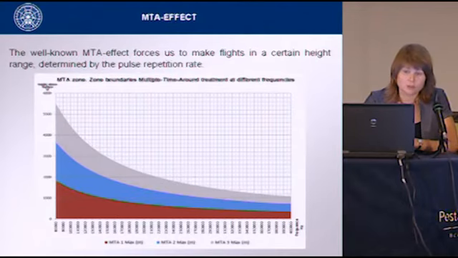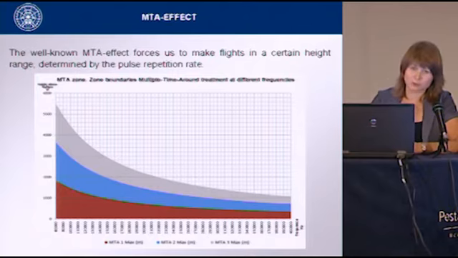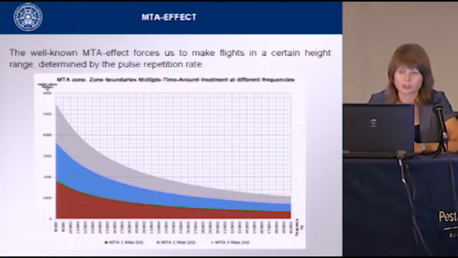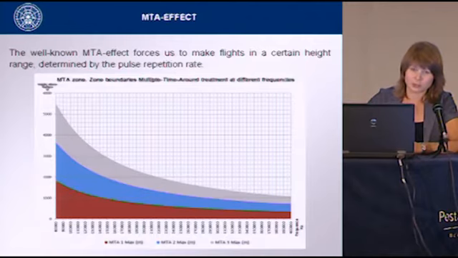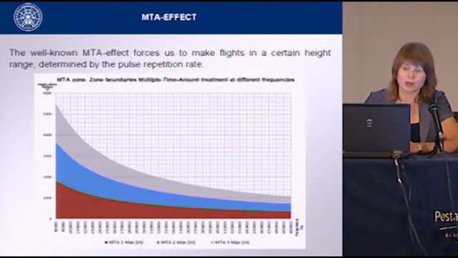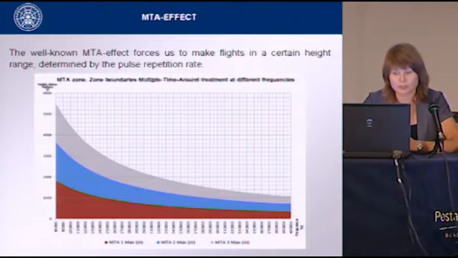To increase the number of laser reflection points per meter of surface, we use the multi-time-around effect, which means that during the imaging we emit more than one impulse per time. It's not one impulse emitted and then we wait for its reflection, but the impulses are emitted in packages and they return in the same way.